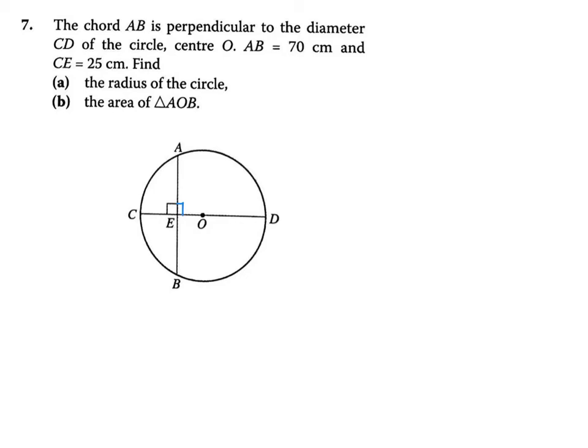Since CD is perpendicular to it and it passes through the center of the circle, what will happen to AB? Well, it will be cut into two equal parts. So I will have AE to be 35 cm and EB to be 35 cm. Now the question tells me that CE is 25. Find the radius of the circle.